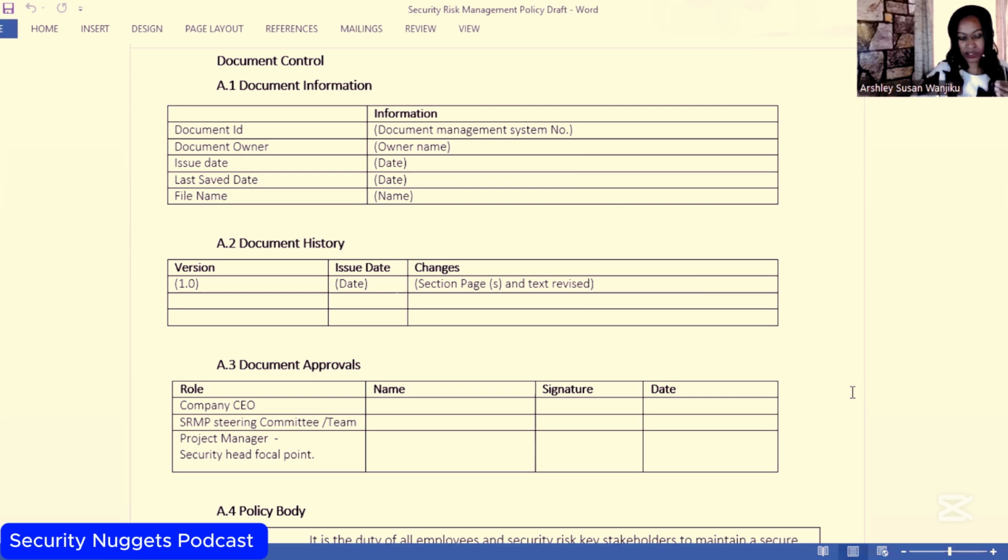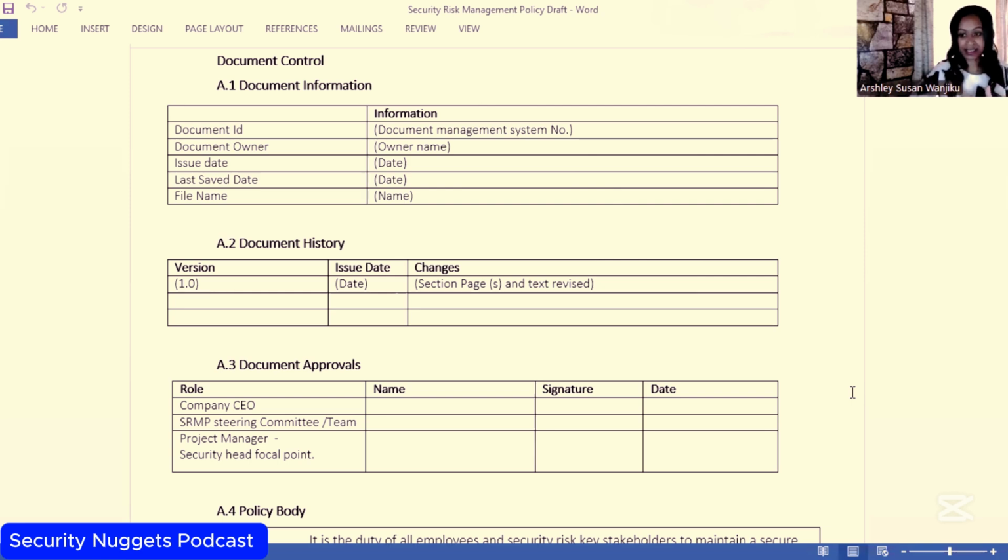And also, we are going to have approval from the Security Risk Management Program Steering Committee or Steering Team. Remember, the Security Risk Management Program is not being done by one individual. The security manager or head of the security department is not formulating the program by himself. He's going to be working with a team.